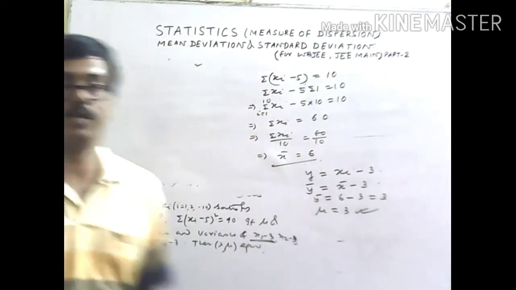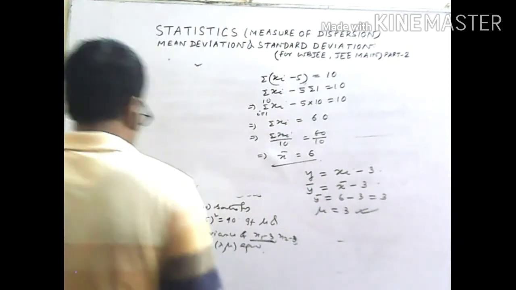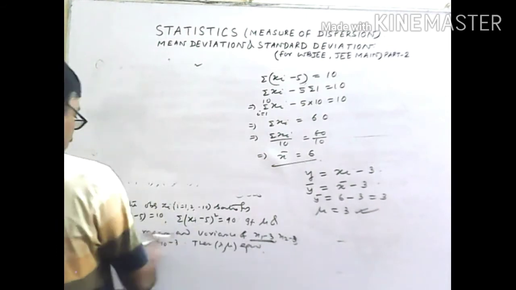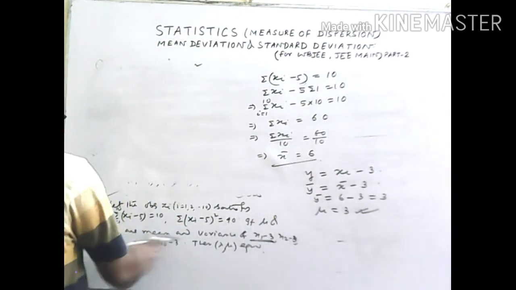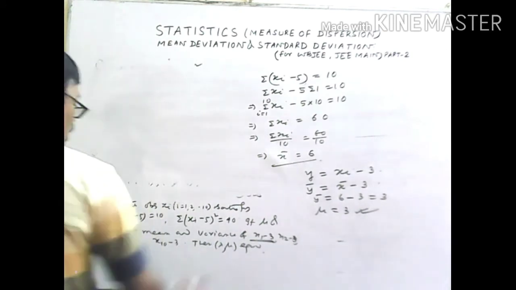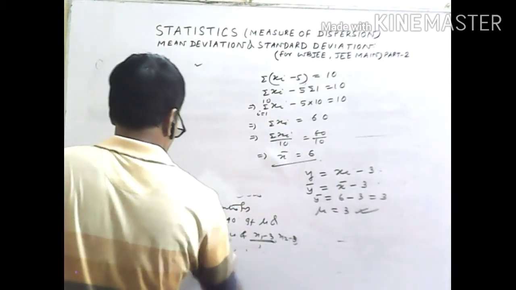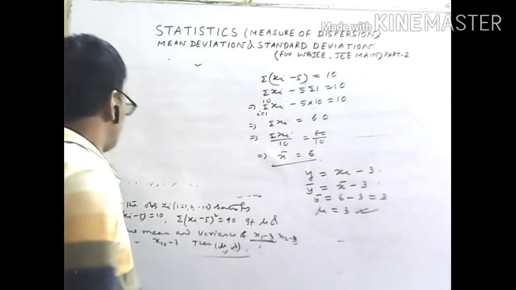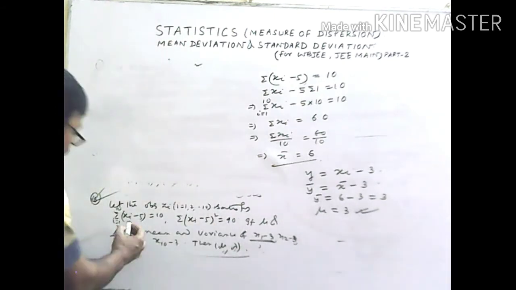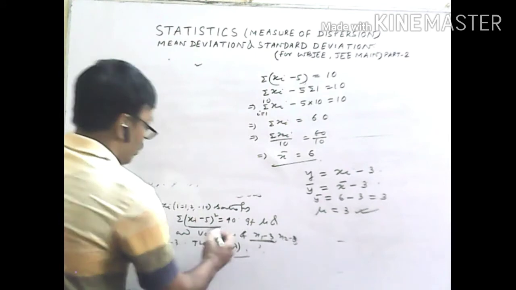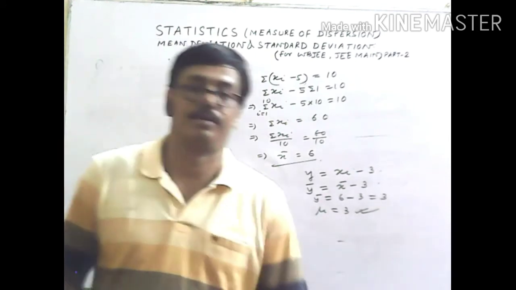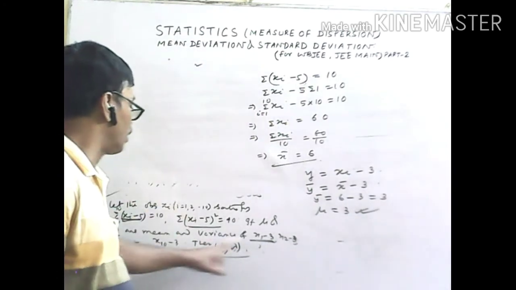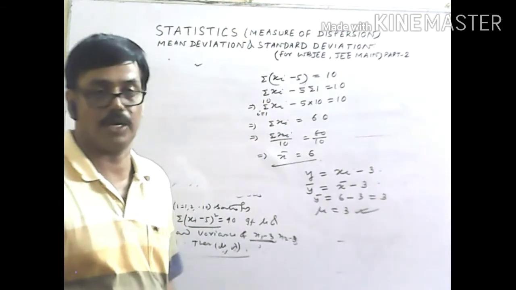Now it is given that mu and lambda are the mean and variance. Then find mu comma lambda. So from the above data, look, here the variable is xi minus 5. We have to find the standard deviation with respect to the variable xi minus 3.